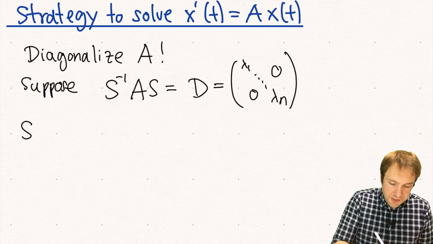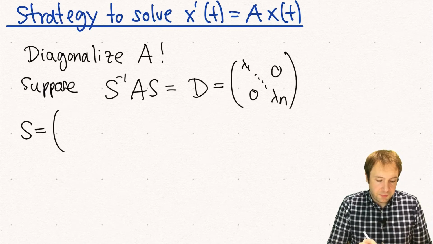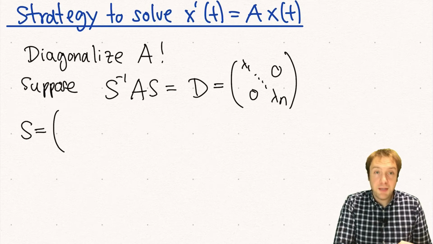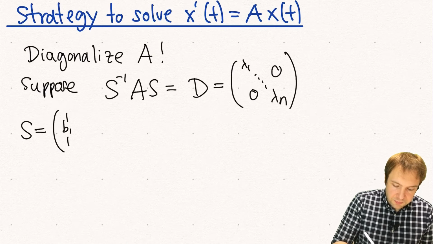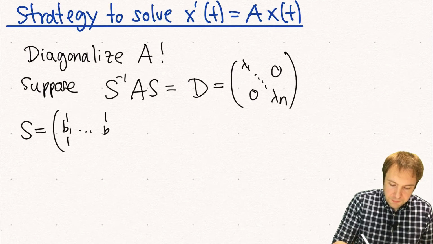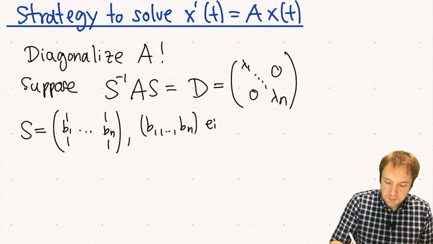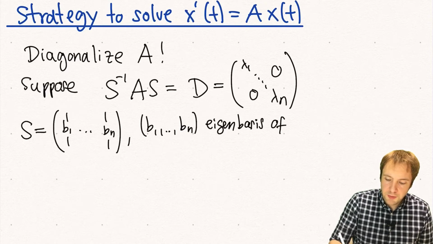And this S, we also learned, is given by the matrix whose columns are a basis given by eigenvectors of A, b1 to bn, an eigenbasis of A.